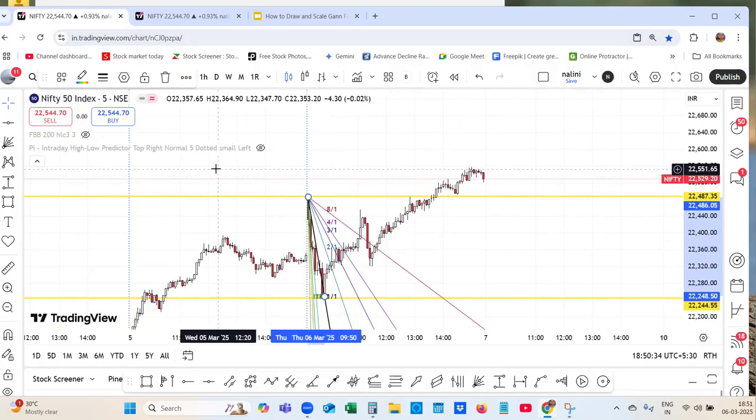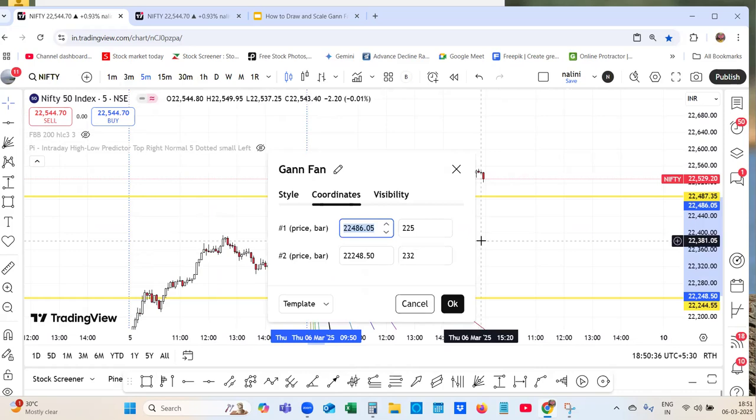Now I am going to go to the settings, and you are getting 225, 232. The difference between 232 and 225 is just 7 points, I believe. Let me take the calculator for that. Only 7.